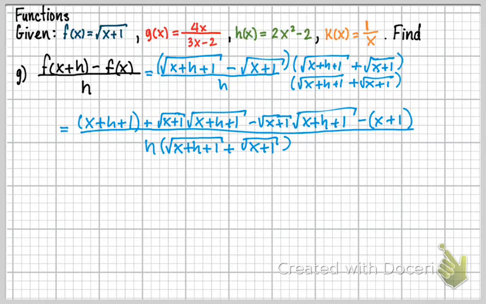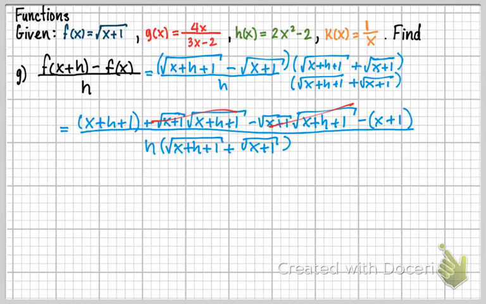Okay, so now we're just going to clean this top up some. Notice this. I have this plus square root of x plus 1 times square root of x plus h plus 1. And then I have a minus that same thing. So that tells me those are going to give me 0 then. They're going to go away. Because when I subtract the same numbers, I get 0, no matter how ugly they look.